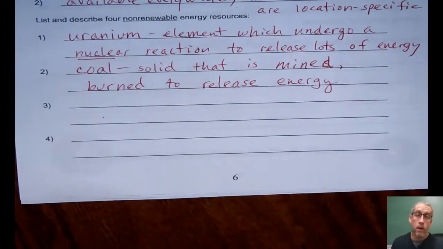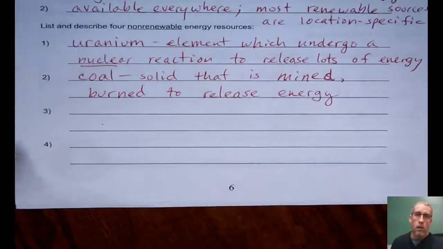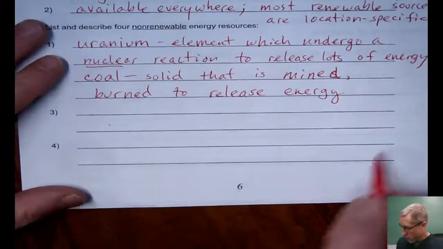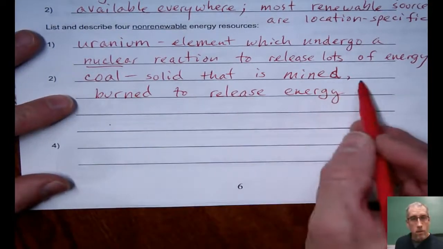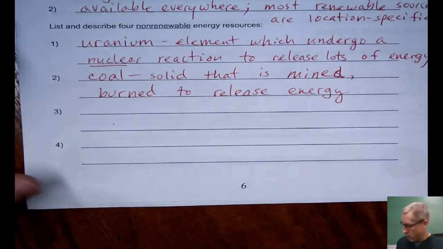And this is, for us locally, a common source of energy because it is around. It's in West Virginia, it's in Ohio and Pennsylvania, and you hear what they call the Rust Belt. Sometimes that refers to places where coal was so plentiful that there were a lot of manufacturing plants and factories, and a lot of those have closed down. But that's because of the plentiful coal around here.